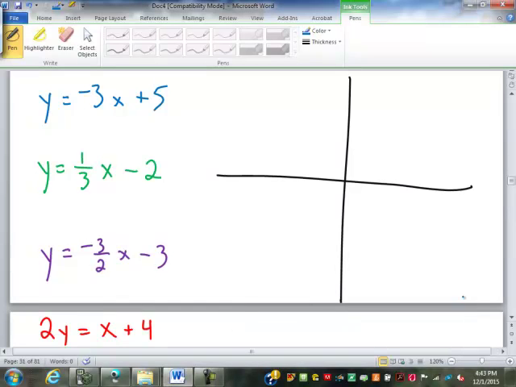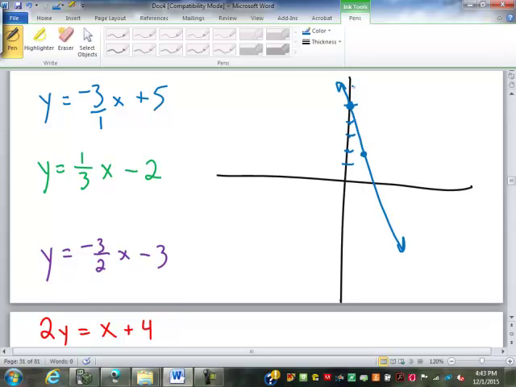For the first one, where do we start? Positive 5. So right there, and from there we go. Perfect. We make this negative 3 over 1, so we go down 3 over 1, right there. How many of you had that one?